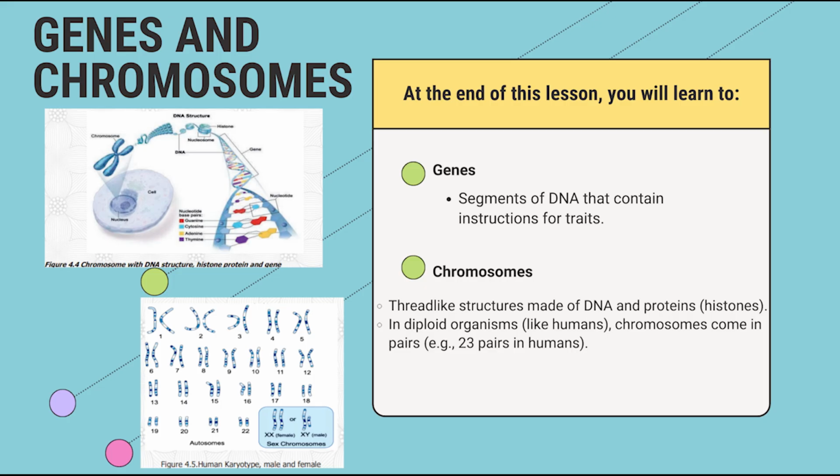In diploid organisms like us, chromosomes come in pairs. For example, human cells contain 23 pairs, totaling 46 chromosomes. Figures 4.4 and 4.5 show how chromosomes look and how genes are arranged like beads on a string.